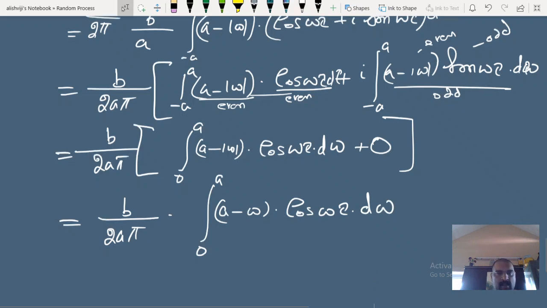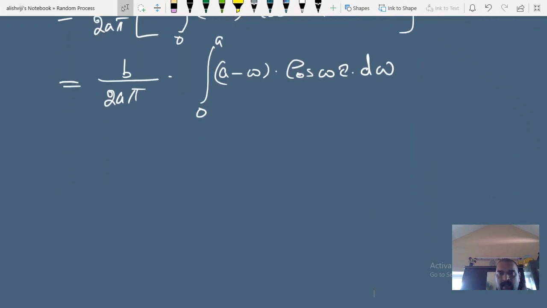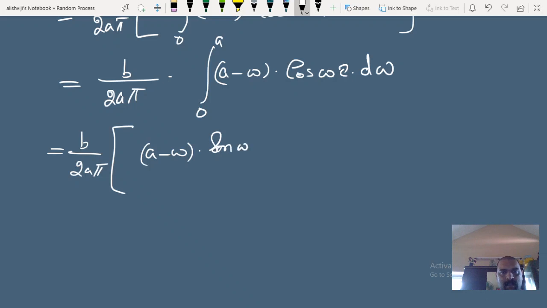Now what remains is the evaluation of this particular integral, and we can evaluate it using integration by parts. First function into integral of the second function, sine omega tau divided by tau, between 0 and a, minus the integral of the derivative of the first with respect to omega.